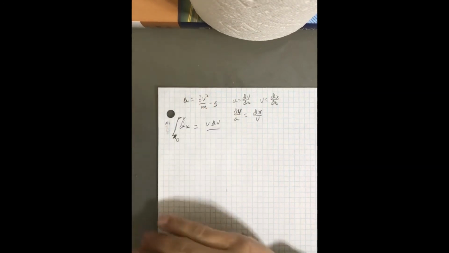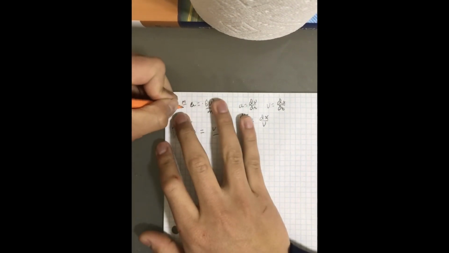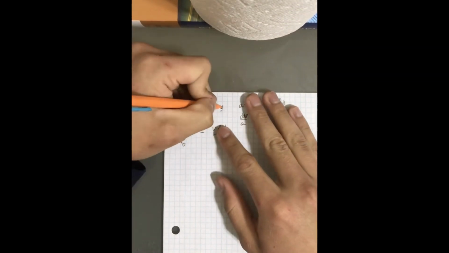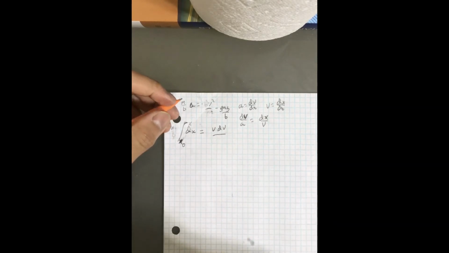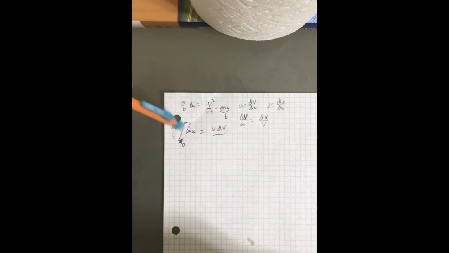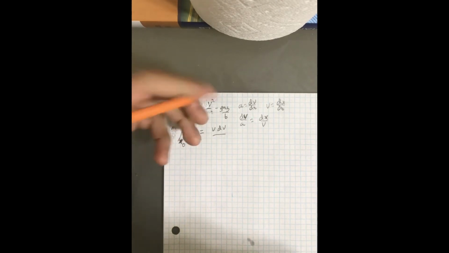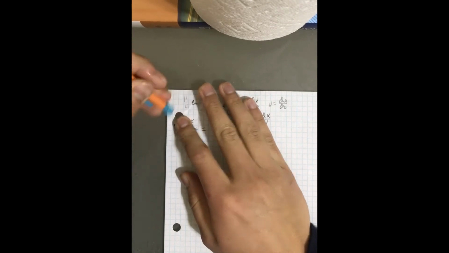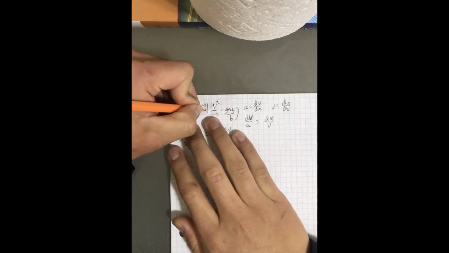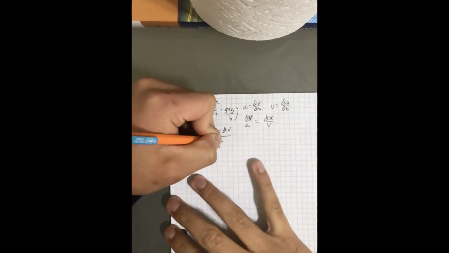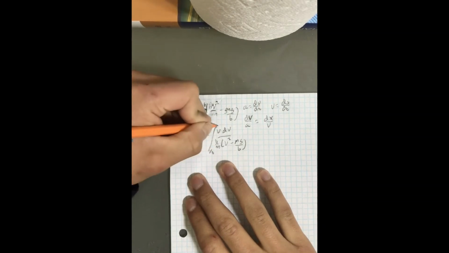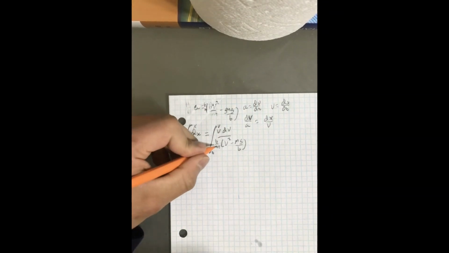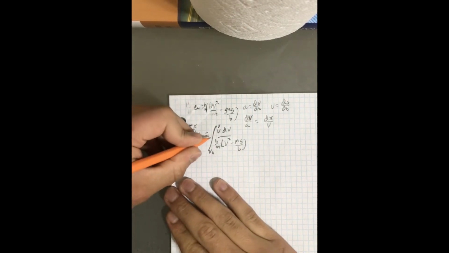Oh wait, no. If we're going to do that, we got to do it earlier. So m over b is going to be equal to, actually, yeah, so A is going to be equal to B over M, V squared minus MG over B, integrated from V naught to V. And again, we can factor B over M out and take it to the other side, so it's in the denominator.